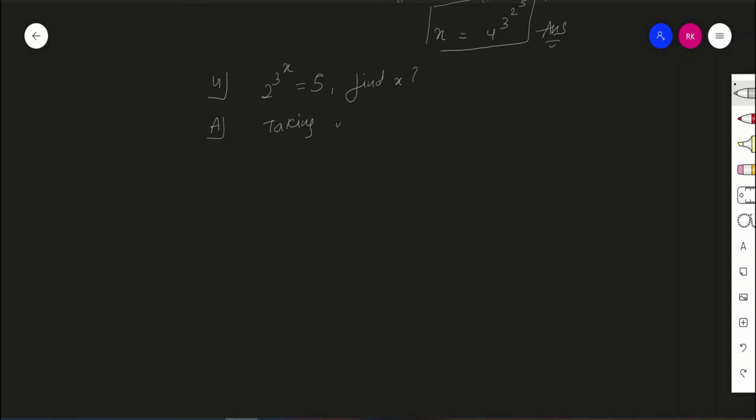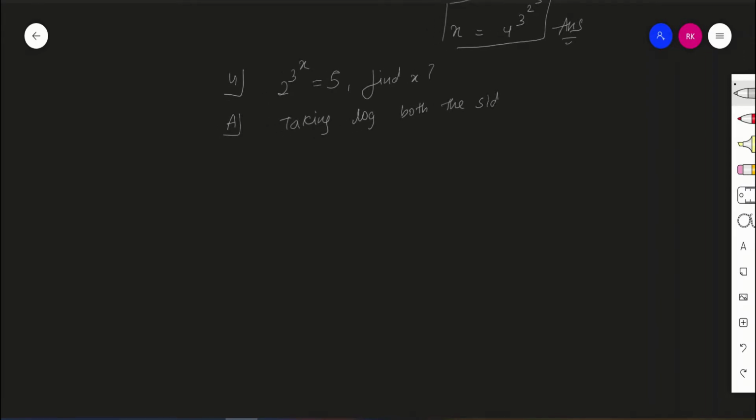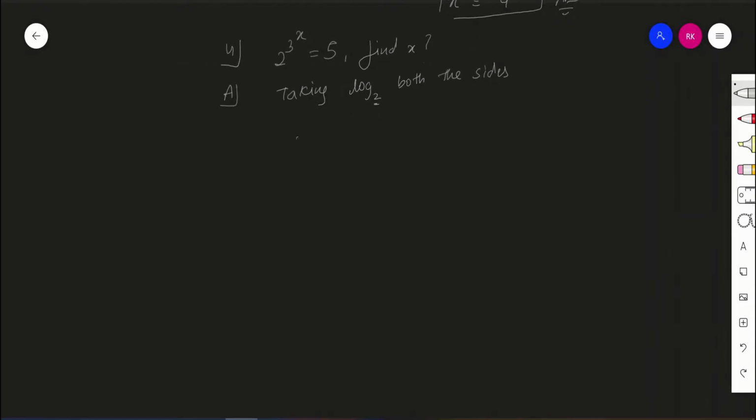Taking log on both the sides, and here my base is 2. Okay. So this will be 3 raised to the power x is equal to log 5 base 2.